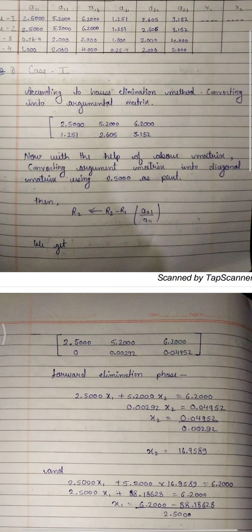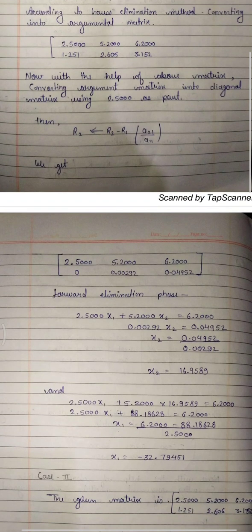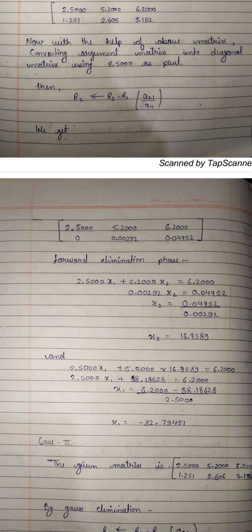After putting the values in the equations, we'll get this matrix, and then we have to use the forward elimination phase, in which we'll get the values of x2 and x1.